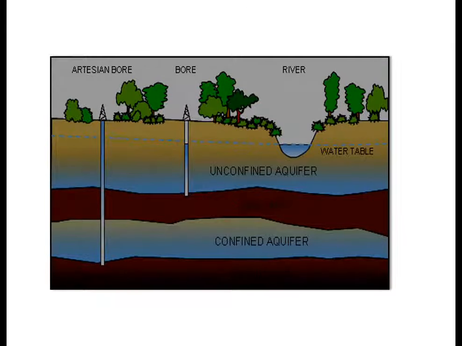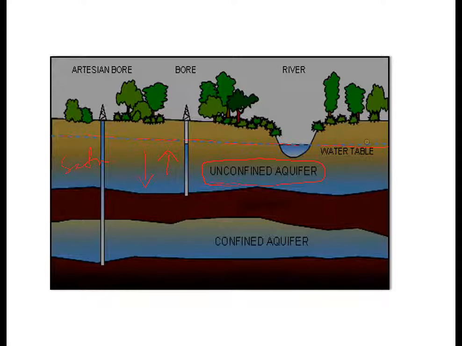In this image we can see an unconfined aquifer. Why is it called an unconfined aquifer? Because it can move upward or move downward. There is no limit for its movement because this zone is a saturated zone, up to the water table.